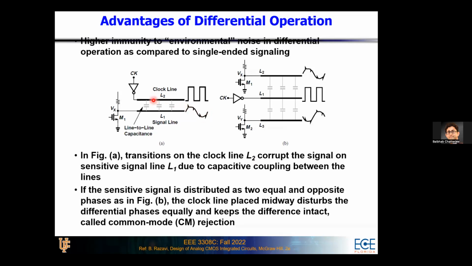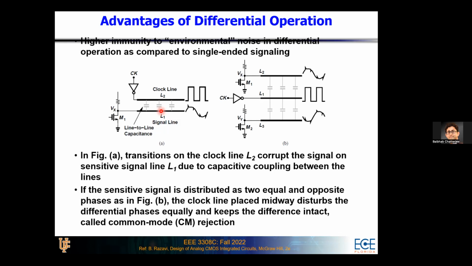On the other hand, let's assume that there is a clock line, or a clock signal, going through very close to this signal line. So the signal line is a wire, and there is another wire very close to it which carries the clock, which goes from 0 to 1 and then comes back to 0 again, and just keeps on switching over time. Because there is a parasitic capacitive coupling between the clock line and signal line, remember that any two physical terminals will have a capacitance between them.